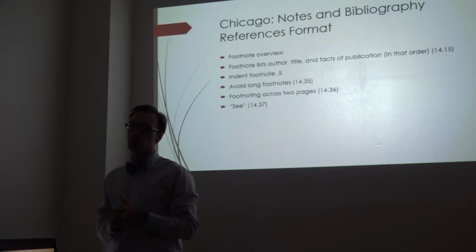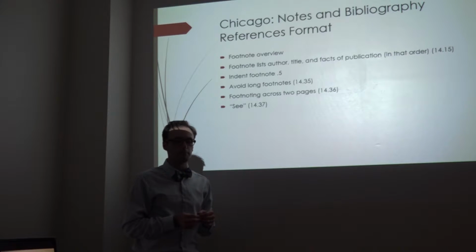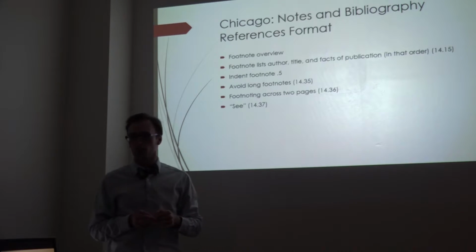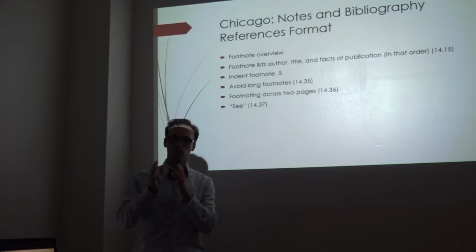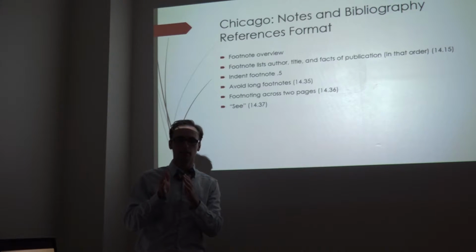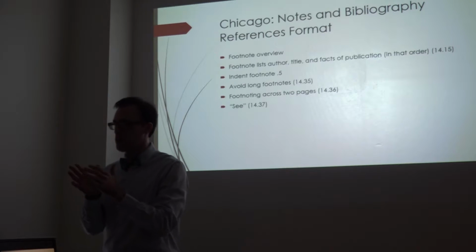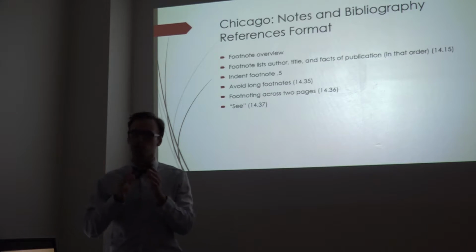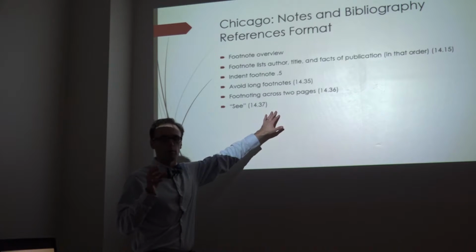You may go across two pages. Chicago style just recommends that you never go across two pages, though for manuscripts it's okay. If you're doing anything else, you may want to pick your break carefully.